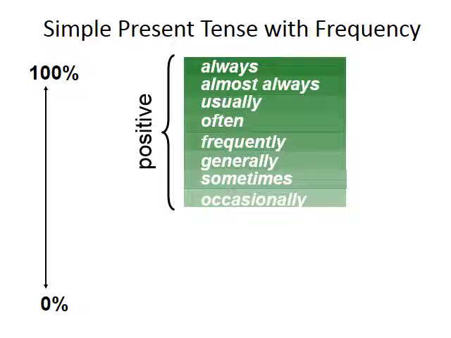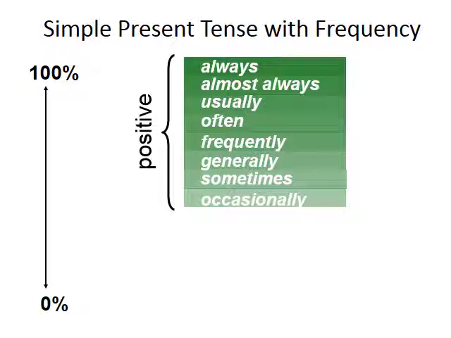So we had the two meanings of the simple present tense: a general truth or custom, and habitual action. If you have any of these frequency words in the sentence, you're really talking about habits, repeated actions.